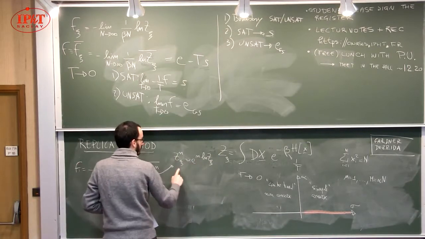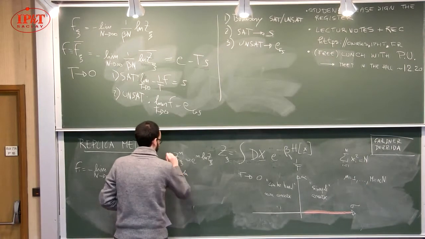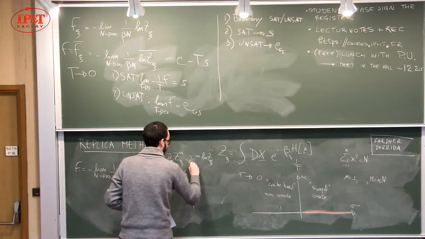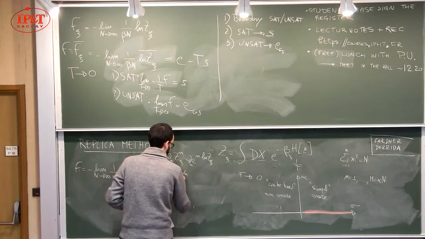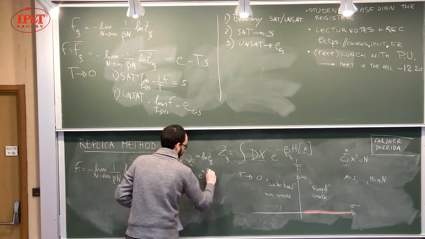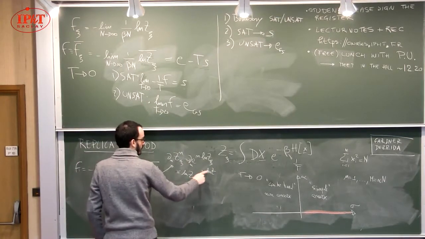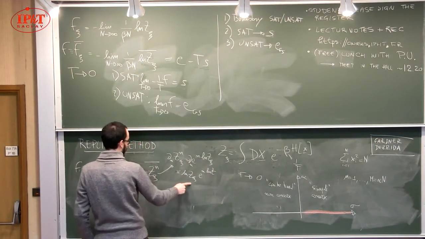And then when you take the derivative with respect to n, and you take the n to 0 limit, this disappears and then you get back the log.